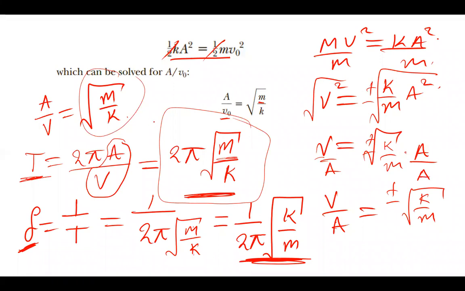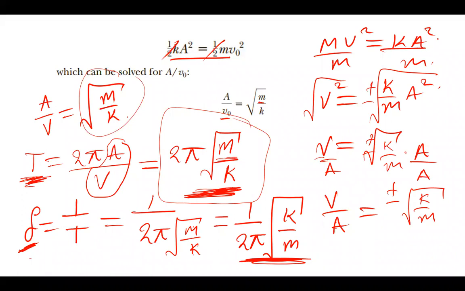So be careful with this part. This is where a lot of people make mistakes. For frequency, it's 1 over 2 pi times the root of K over M. For period, it's 2 pi times the root of M over K. Look at the difference there. Very important.